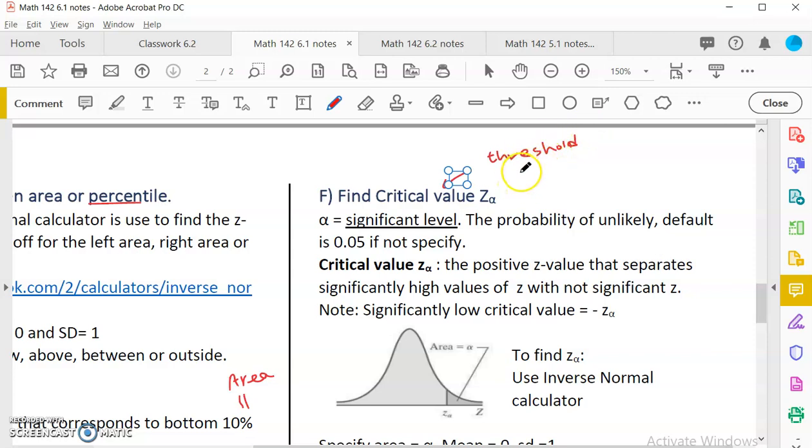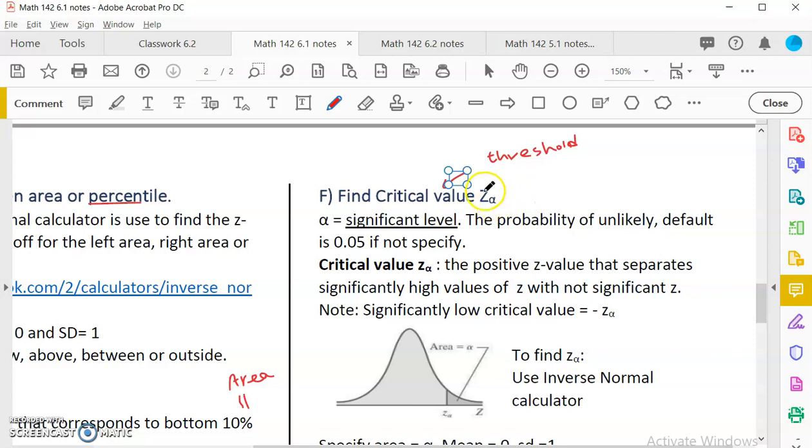Oh, your GPA has to be above 3.0 to be accepted. So you could be 2.999, very close, but if you're not over it, you cannot. So this critical value is kind of like that fence, the cutoff, right?